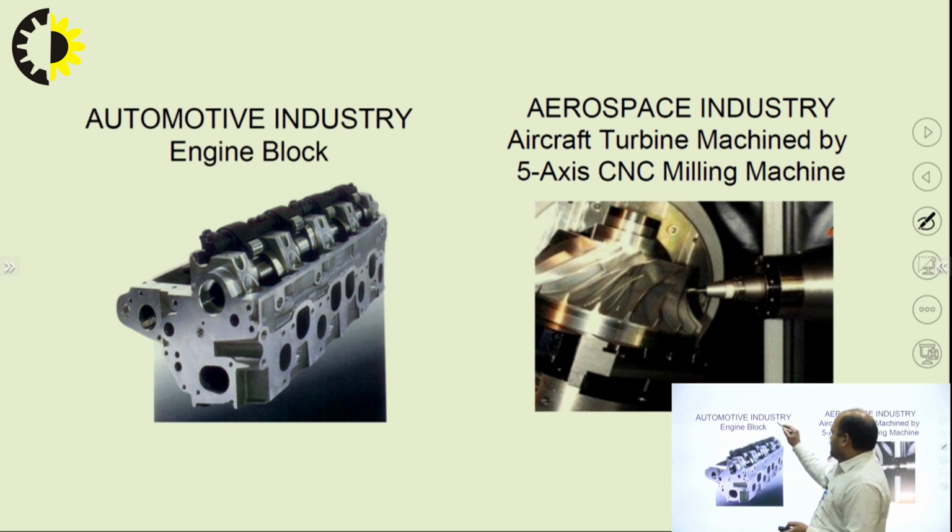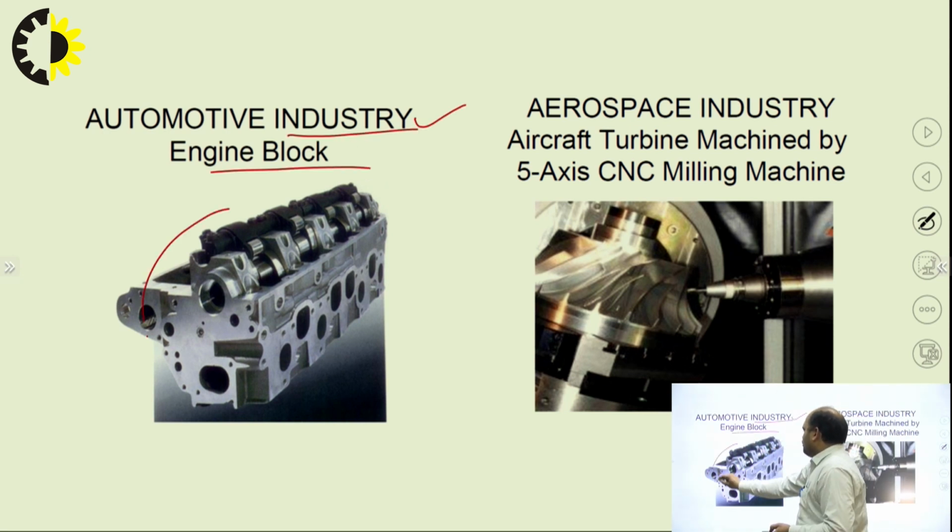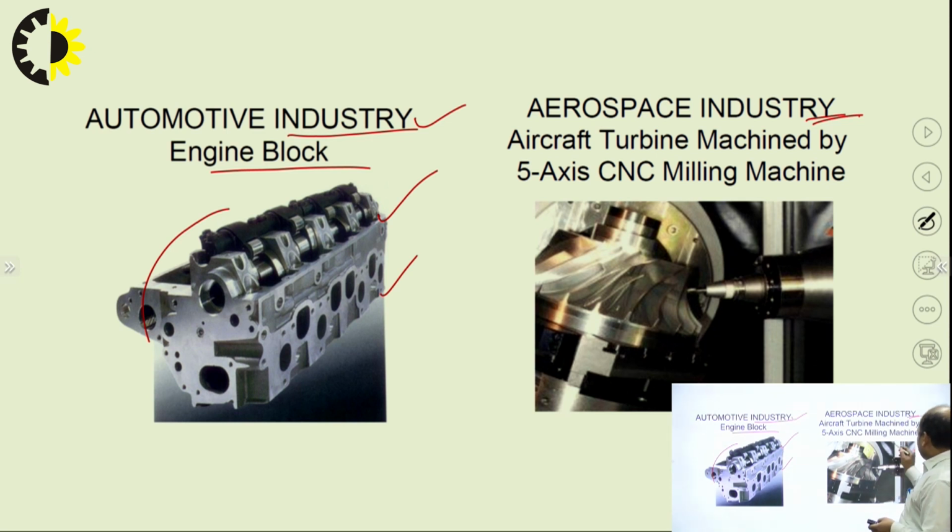It can be widely used in automotive industries for the machining of engine blocks. Also if we are talking about aerospace industries, here to machine or to fabricate the turbine machinery of aircraft, a 5-axis CNC milling machine can be used.